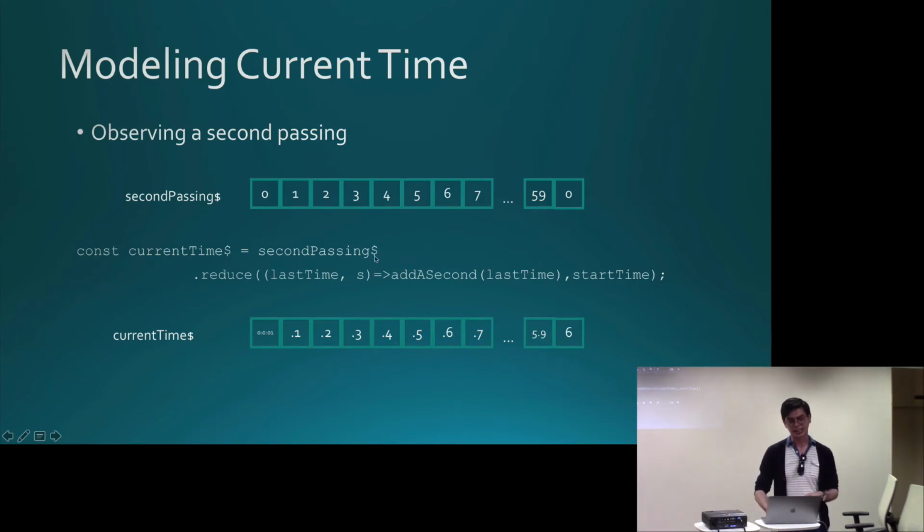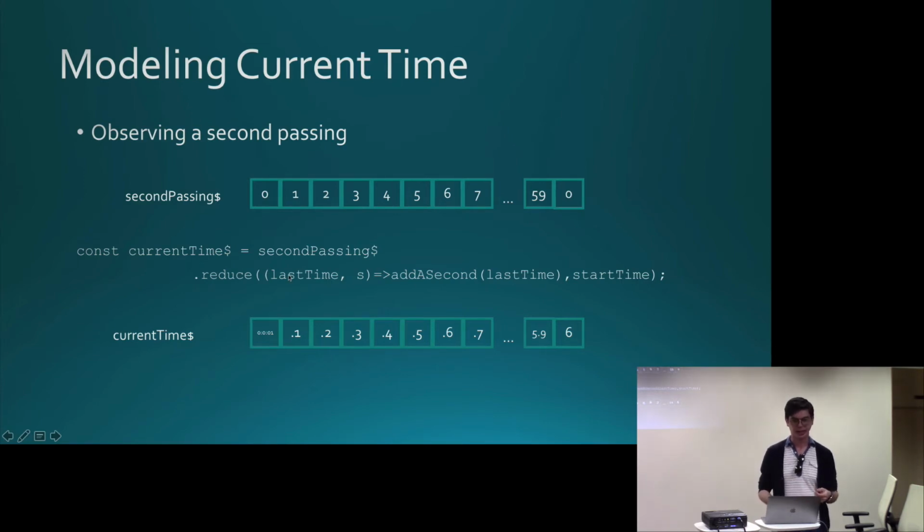No, so in this case, this is basically showing how you would do it with an array, right? You have a bunch of data, and then it gets to 0 again. This is showing add a second to try and represent what time it currently is based on last time.